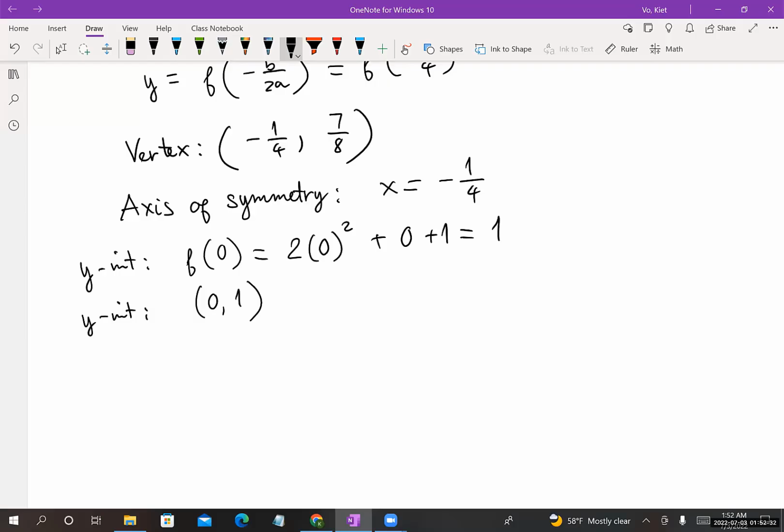Now let's solve for the x-intercept. I set f of x equal to 0, so we have 2x squared plus x plus 1 equal to 0.